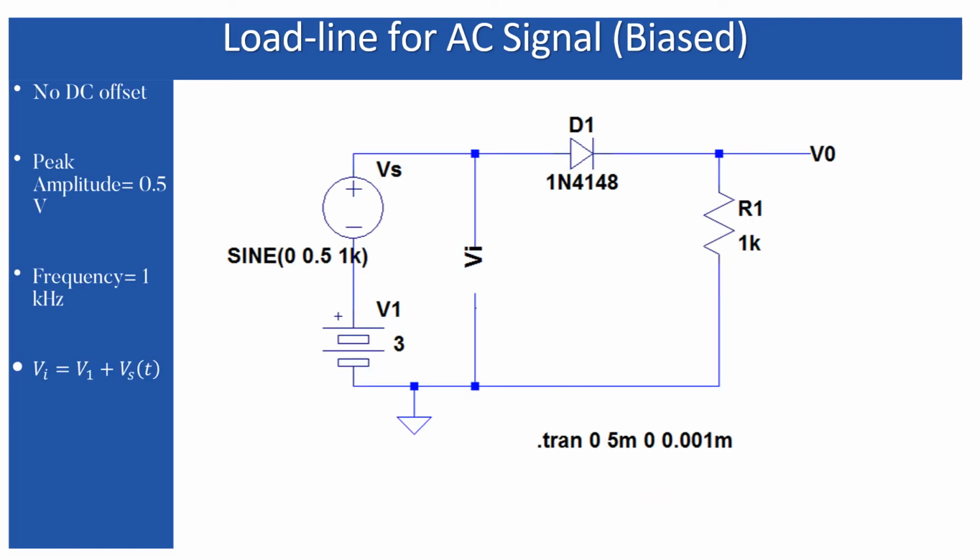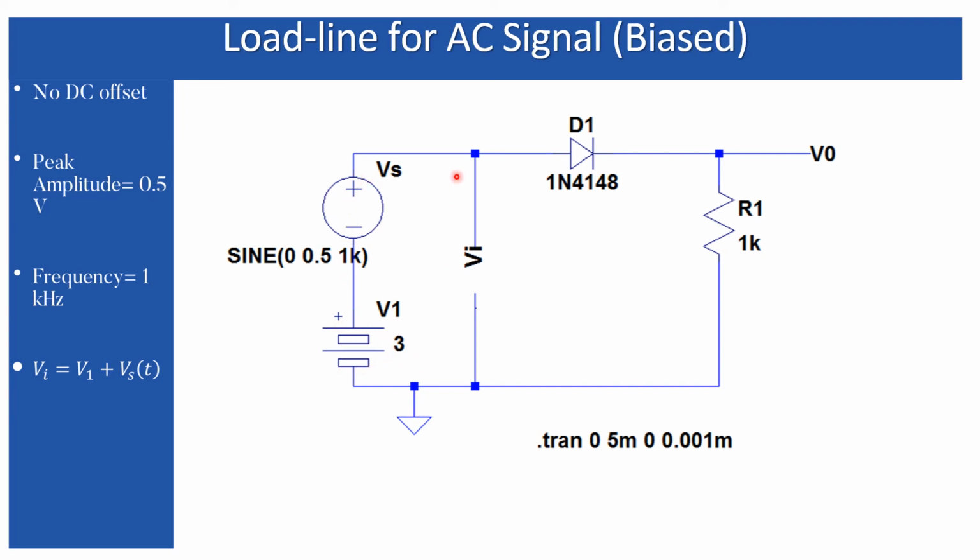Let's consider a different situation like here. Here I have connected a DC voltage source along with an AC signal. The signal is the same as in the previous case, but in this case the amplitude of the AC signal is only 0.5 volt, whereas the DC source has a value of 3 volt.